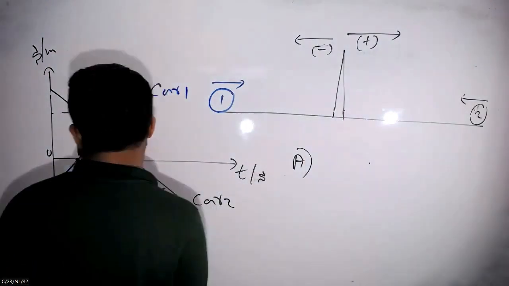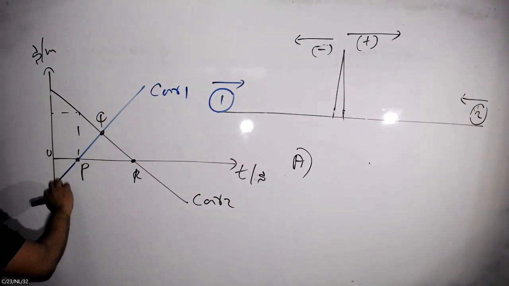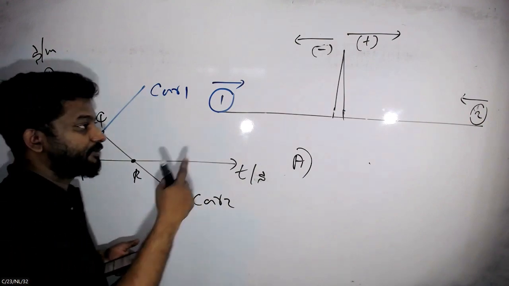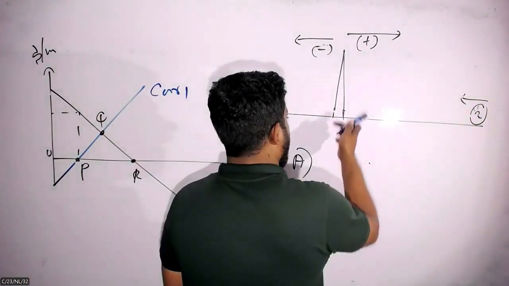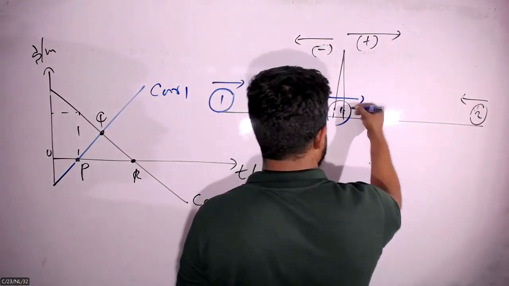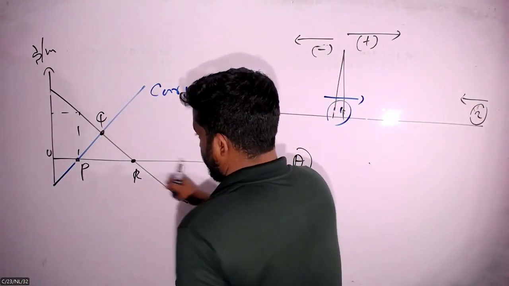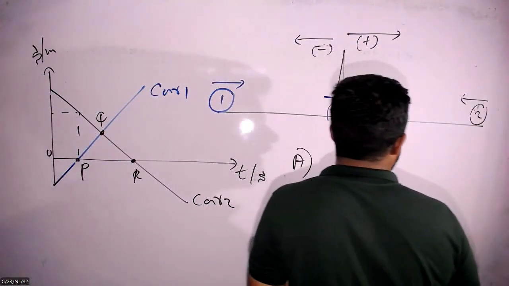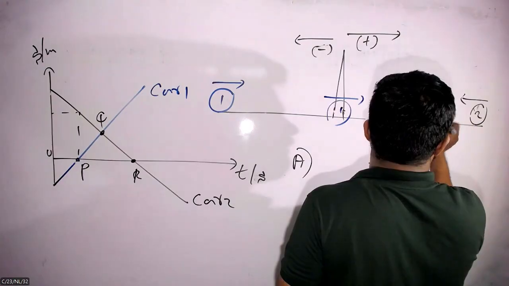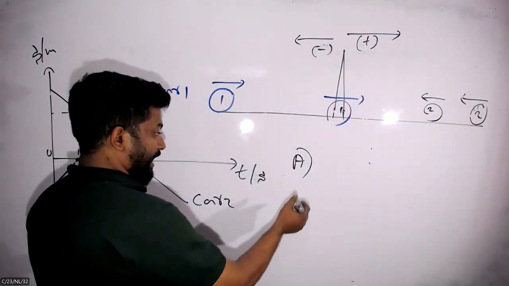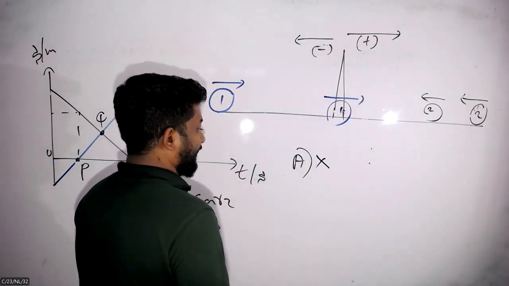No, it is wrong. At this point, car 1 crosses the lamp post. At this point, there is a positive displacement for car 2. When car 1 passes the lamp post, you can observe that car 2 has a positive displacement. He is at a place like this. They cross there. Therefore, capital A statement is an incorrect statement.